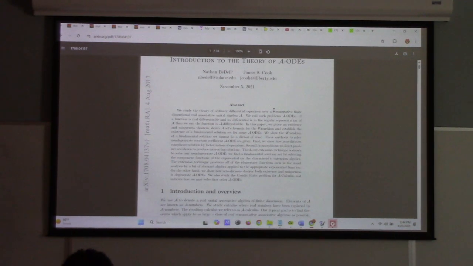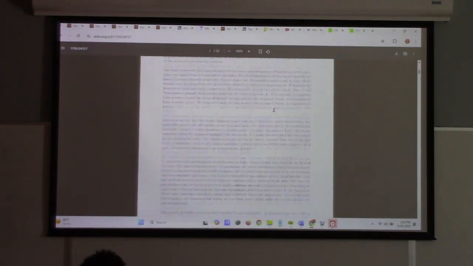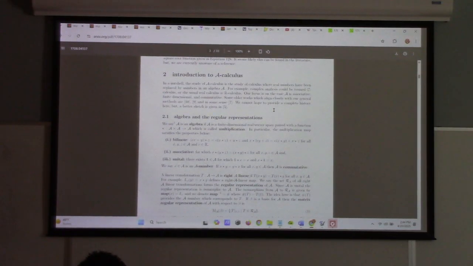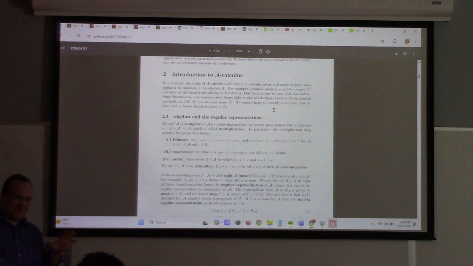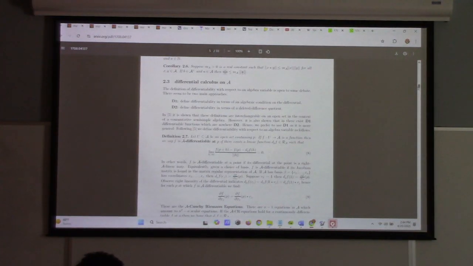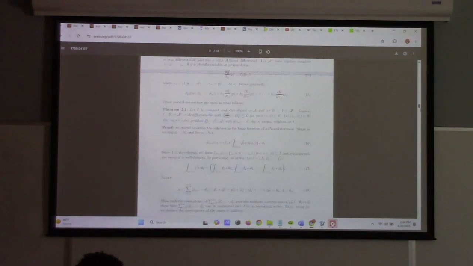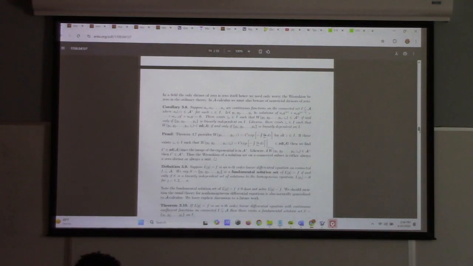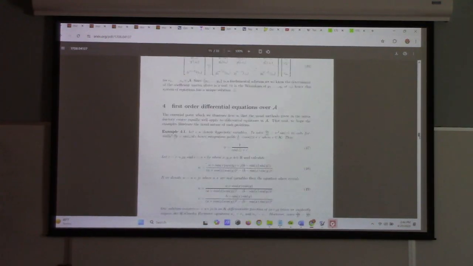We wrote this Introduction to the Theory of AODEs paper, and in this paper, basically what I show is that everything we do in this course, the nth order stuff, the systems, okay, not the Laplace, I haven't done that yet, but a good chunk of this course can all be done over an arbitrary associative algebra. And we actually have a method to solve the constant coefficient problem over an arbitrary algebra in this, the Wronskian and all that jazz, it all generalizes.